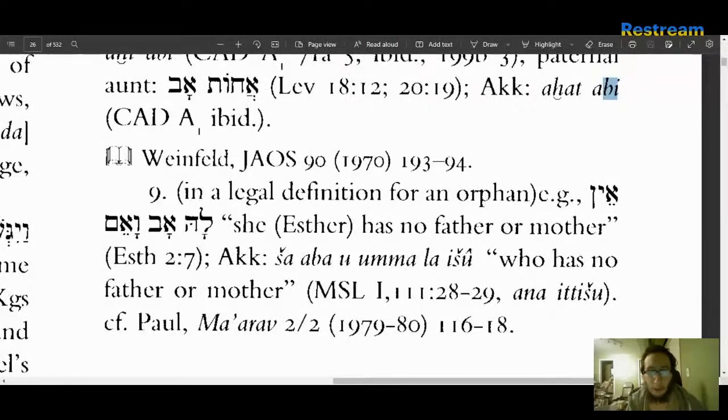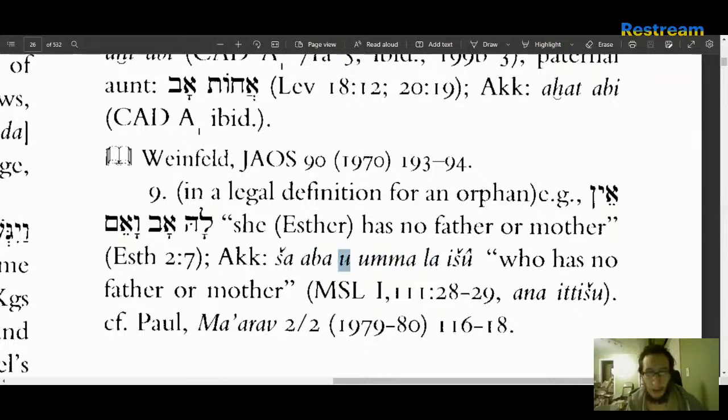Legal definition for an orphan. So Esther has no father or mother. So there's not for her father and mother. Akkadian, who has father and mother not.